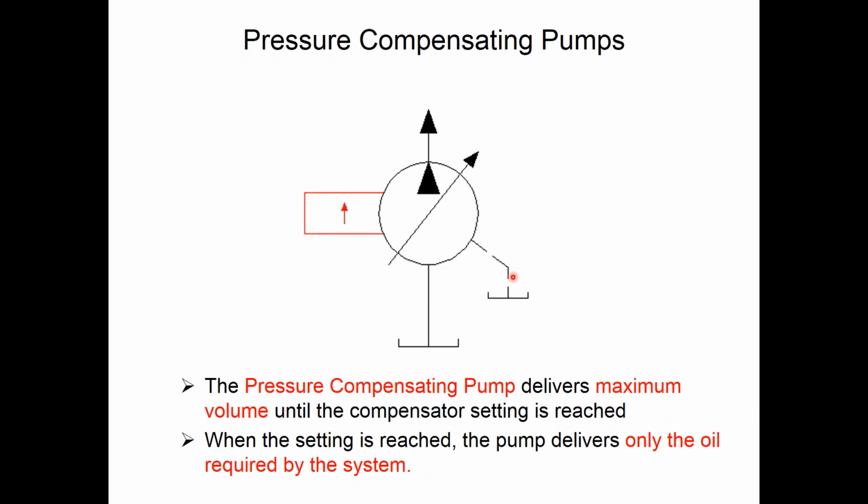We can't just connect this line into this suction line. The K-string is the line where oil that has bypassed across the tight tolerances inside this pump gets back to tank. We have to do that on a variable displacement pump.